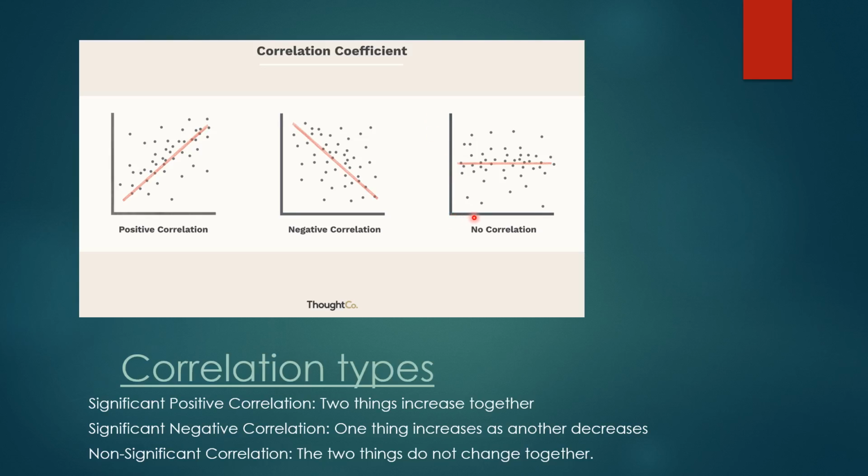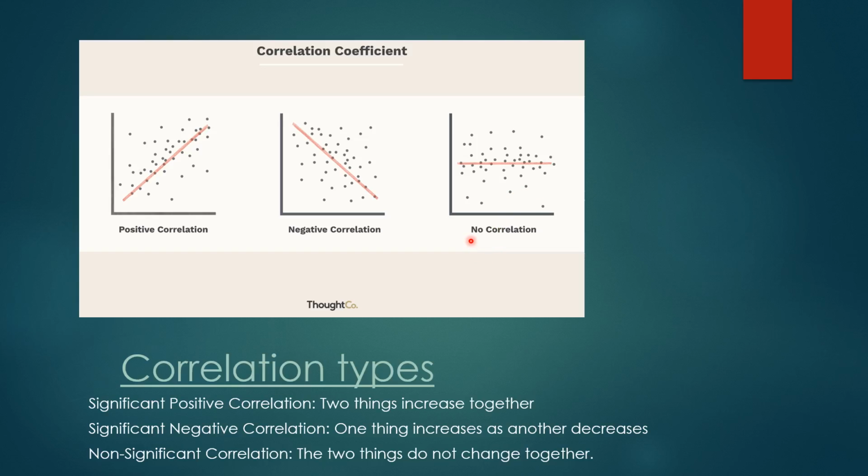It doesn't matter how big your intelligence number is, your shoe size is just going to be moving around in a random fashion. Because there's a random association between these two variables, there's no correlation, and so this horizontal line represents no correlation.